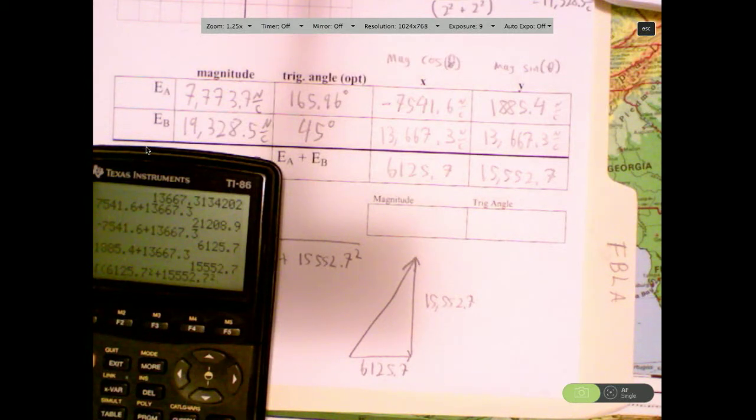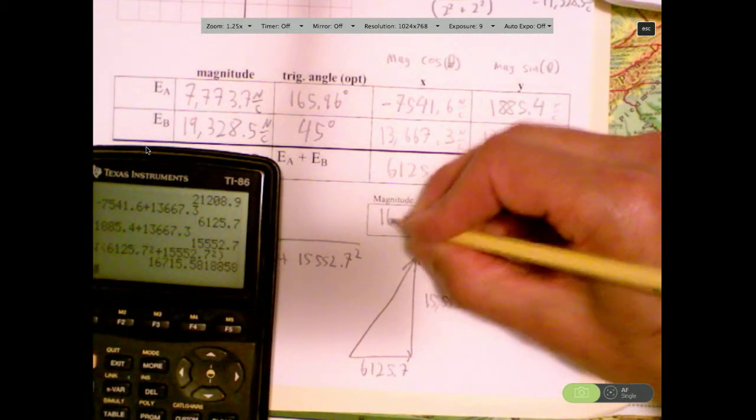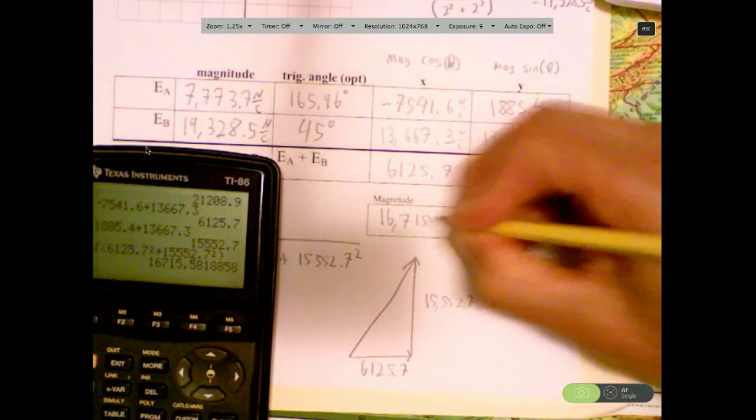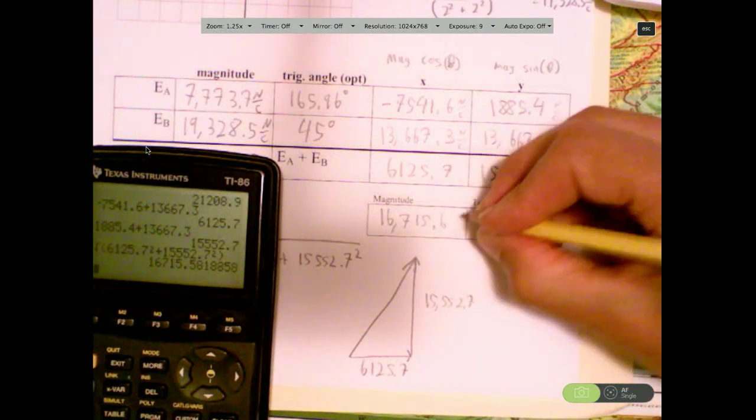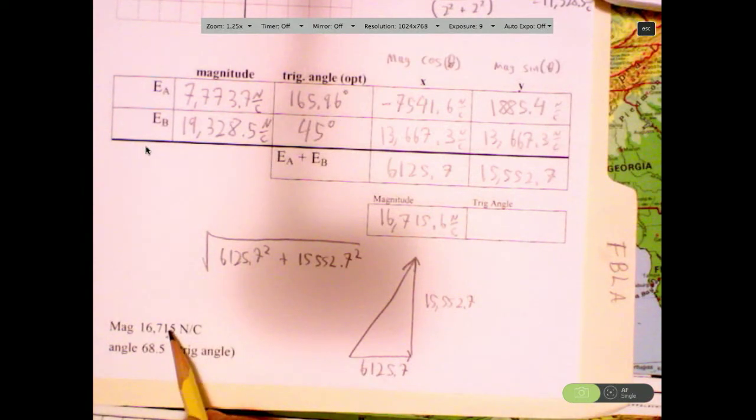Is that right? Indeed it is. All right, so the magnitude is 16,715.6 roughly newtons per coulomb. And hey, that's what I got before, so that's good news.